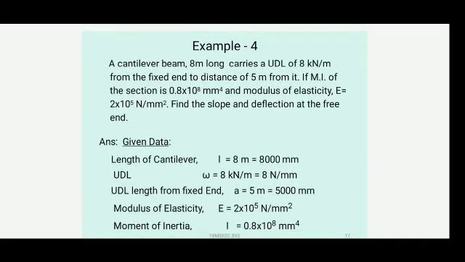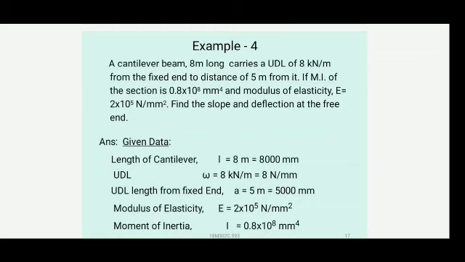Next problem, that is example problem number 4. A cantilever beam 8 meters long carries a uniformly distributed load of 8 kN per meter from the fixed end to a distance of 5 meters from it.